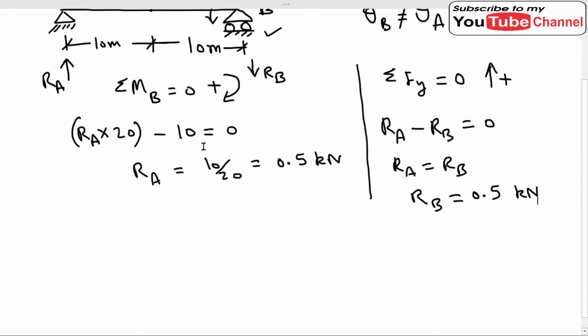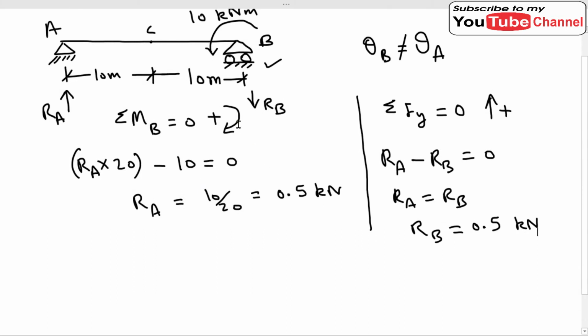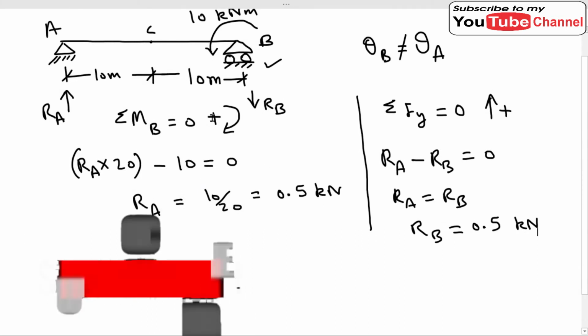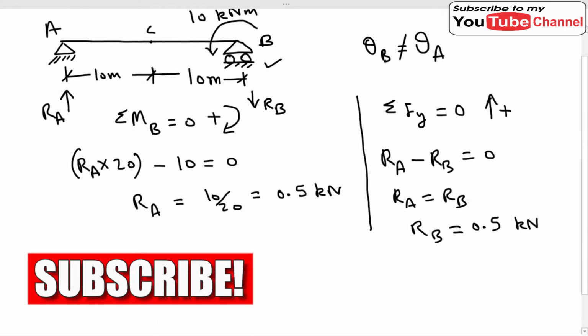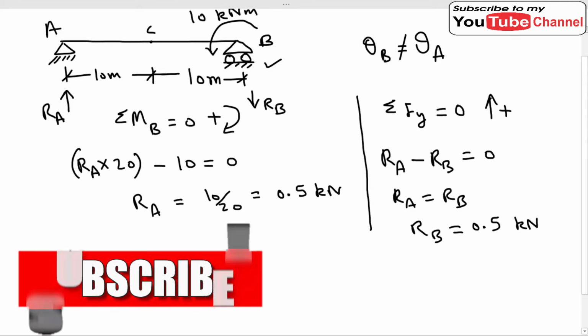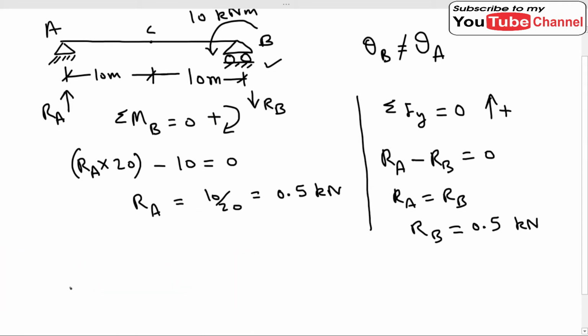Now we have found the reactions, and after finding the reactions we will draw the bending moment diagram. So this is our beam, this is B and this is A. This is our middle point C, or midpoint of the beam.